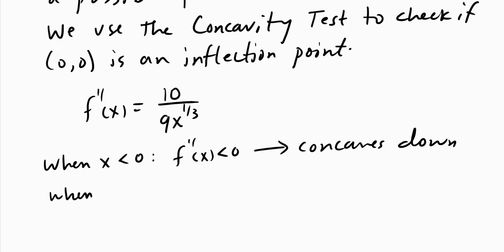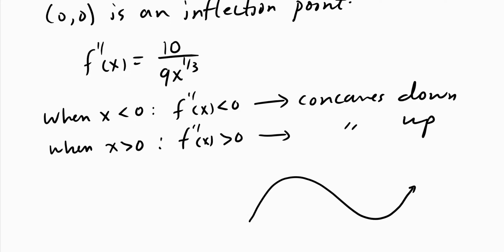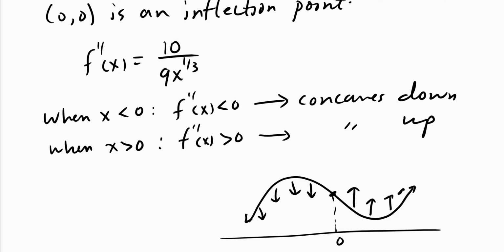When x is bigger than 0, the second derivative is bigger than 0, and the function concaves up. It looks like this now. Say this is the number line, this is 0. It concaves down here and it concaves up here. So this point, 0, 0, is an inflection point. See how the concavity test confirms this?